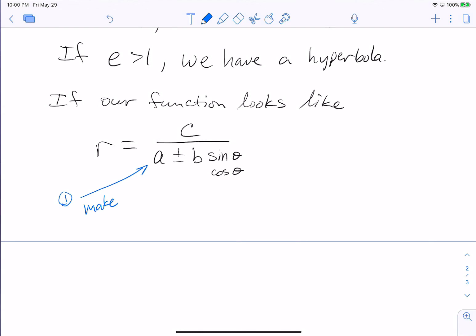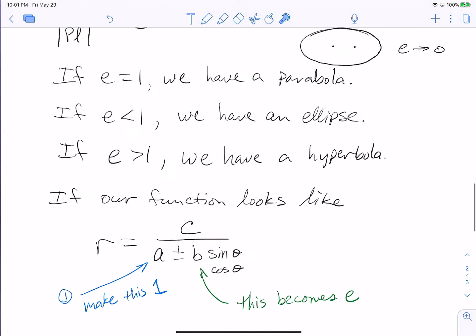Of course, we don't do that with an eraser. We do that by dividing all terms by a in the numerator and denominator. After dividing, the number that is now in place of b, which becomes b over a, is e. And knowing what e is tells me which conic section we have.